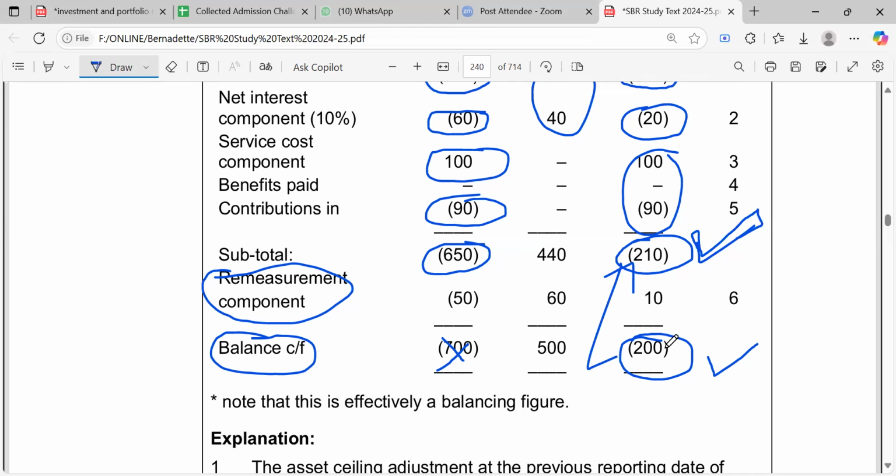Negative 200 minus negative 210. So it would be like negative 200 minus, negative 210 becomes a plus, right? You get plus 10 there, right? Plus 10. If that 10 is positive, I told you whenever something is positive in this case, you consider it having an influence on liabilities, right?